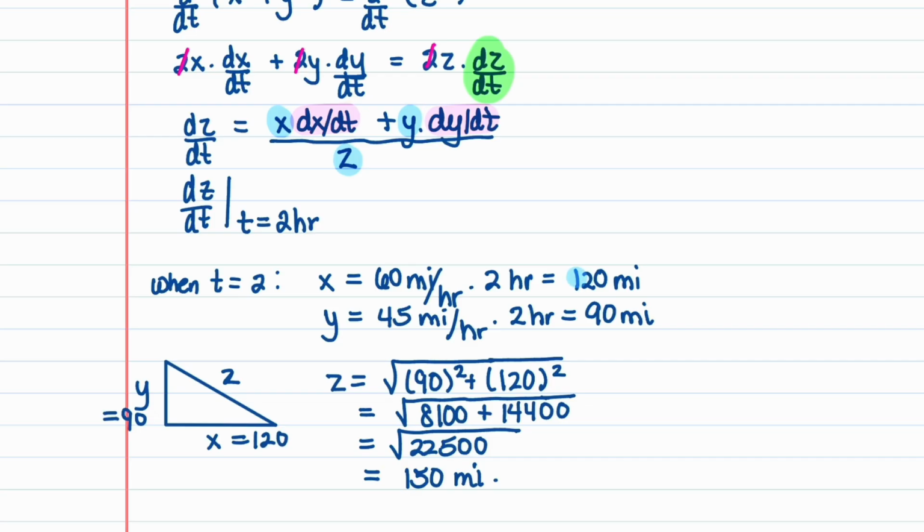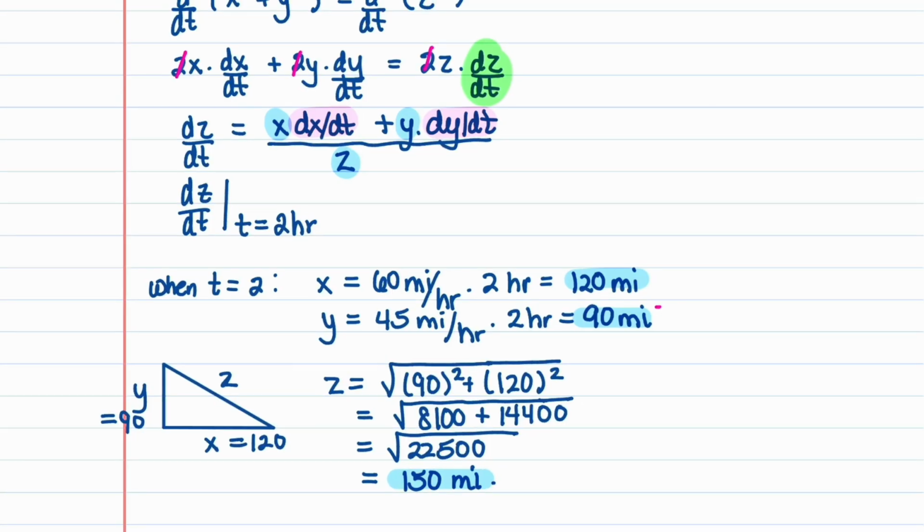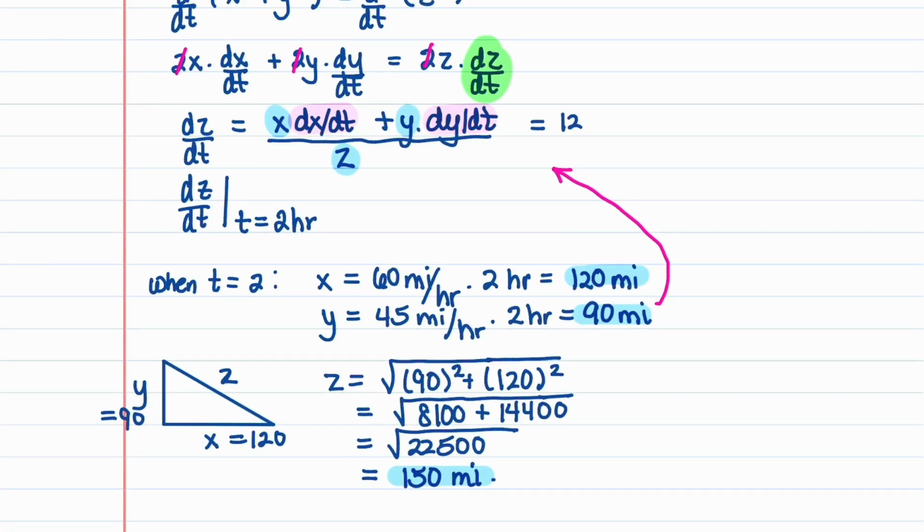So we have x, y, and now we have z. And we can go back up to here and plug everything in. So this is x, which is 120 miles, times dx/dt, which we're given up top was 60 miles per hour, plus y, which is 90 miles, times dy/dt, which we were given as 45 miles per hour.